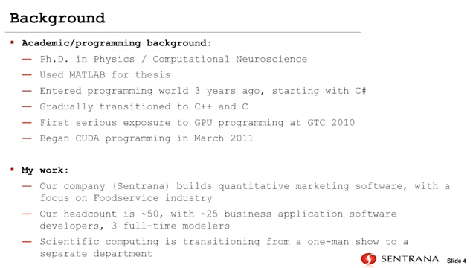Fairly small company, total headcount about 50, 25 application developers, 3 full-time modelers. They're mainly mathematicians, statisticians. Scientific computing is transitioning from a one-man show, which I've been doing, to more of a department. So again, this sets the context for the environment, and we'll talk about it even more later on.